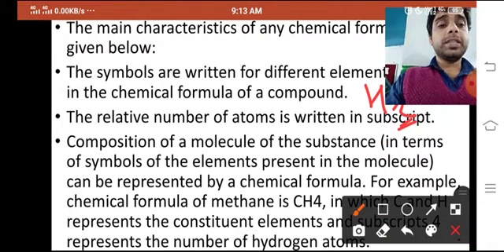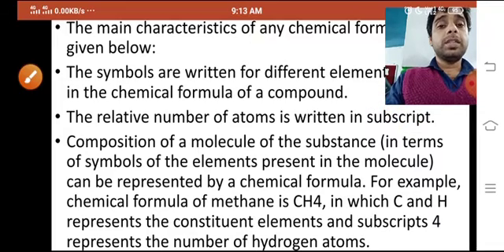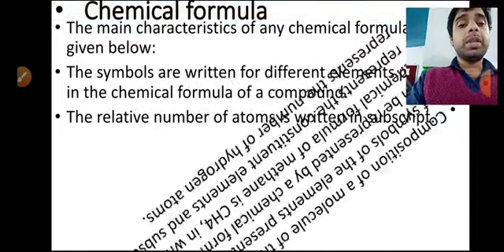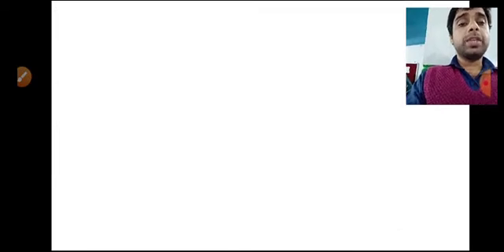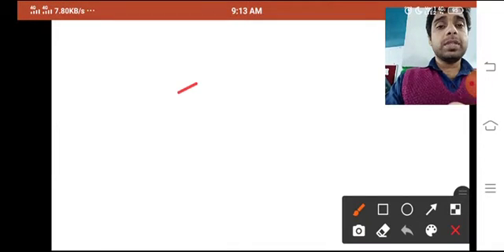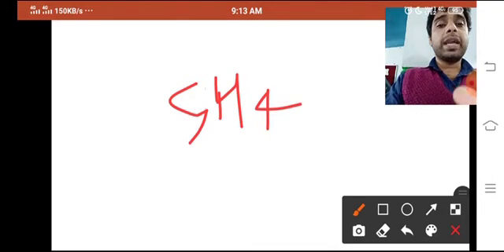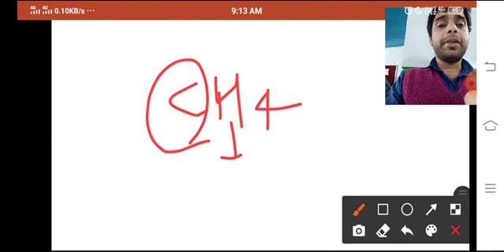Now the second thing: the composition of the molecules of a substance, in terms of the symbols of the elements present in the molecule, can be represented by a chemical formula. Here I will give you one example. In CH4, one carbon and four hydrogen are combined together, giving a molecule of methane.